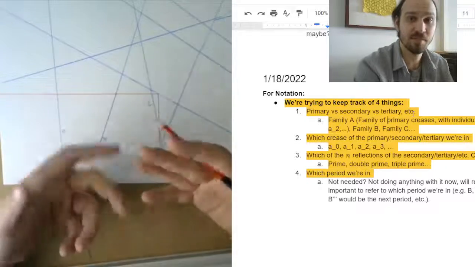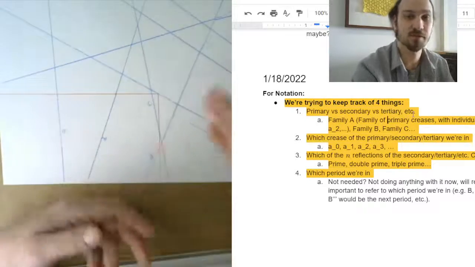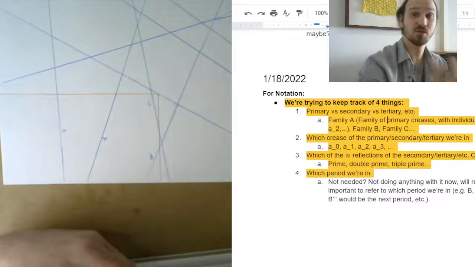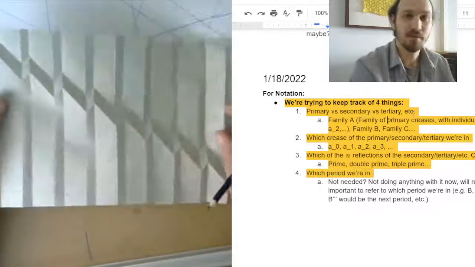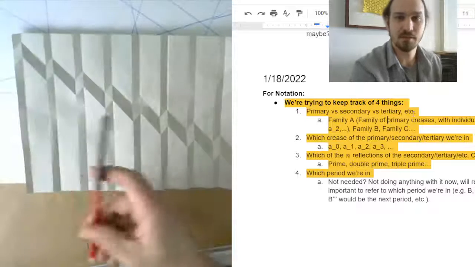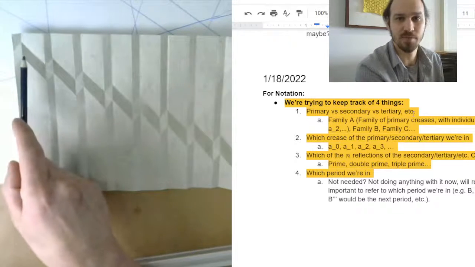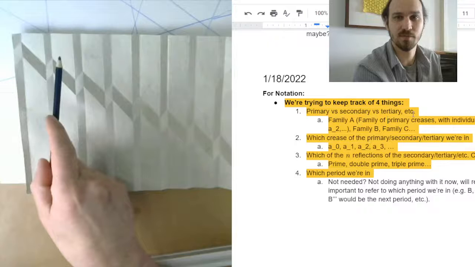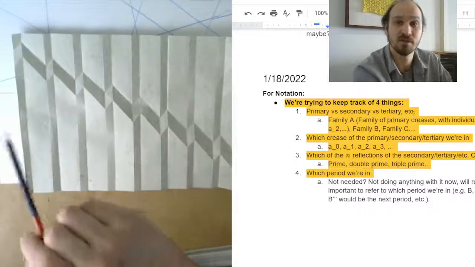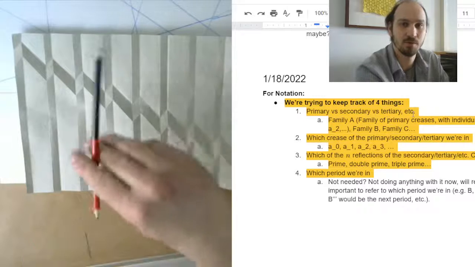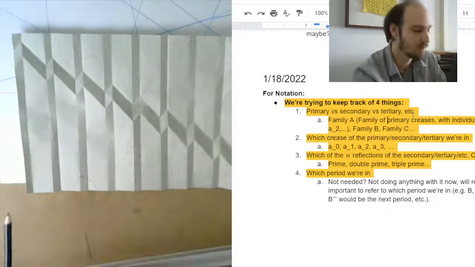Sometimes that family of primary creases follows a particular pattern, and we want to be able to describe what that pattern is. So for example, this family has, you go over a short amount, and then you go over a wide amount, then a short amount, then a wide amount, a short amount, a wide amount. And in each case, it's all parallel to the original one. There's no rotation at all.